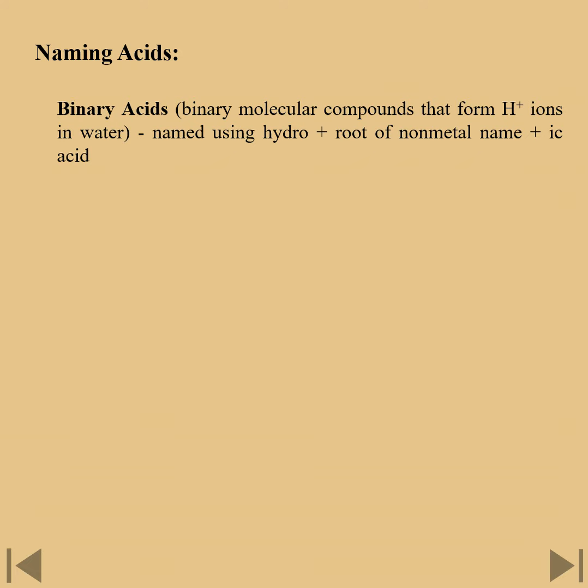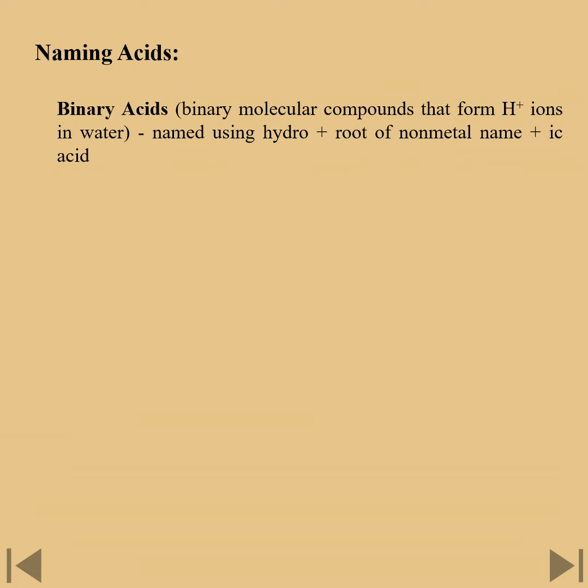So binary acids are essentially hydrogen bound to some non-oxygen non-metal, where that hydrogen can be kicked out without its electrons. When we see one of these, we use the prefix of hydro, still the same root name of your non-metal, and then this suffix of ic acid. So you may have heard of hydrochloric acid.